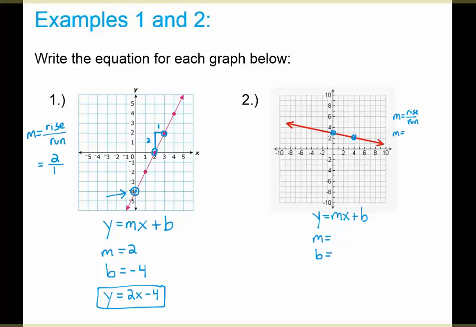But starting at that lower point, how many do I go up? Well, looks like I go up 1. I go up very little, so it's just 1 square. And it is in the positive direction. But for the next one, I go over 1, 2, 3, 4. And that was to the left. And that's kind of the negative direction. So I would think of that as like a -4.